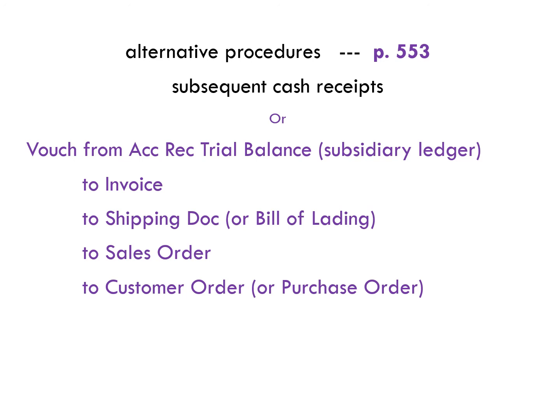We're going to get a listing from the accounts receivable trial balance or accounts receivable subsidiary ledger, and we're going to vouch from that total to the invoice or invoices. The accounts receivable balance could be comprised of more than one transaction, but we'll vouch to the invoice or invoices and then to the shipping document, to the sales order, to the customer order, just like we did with the Vouch and Trace project.